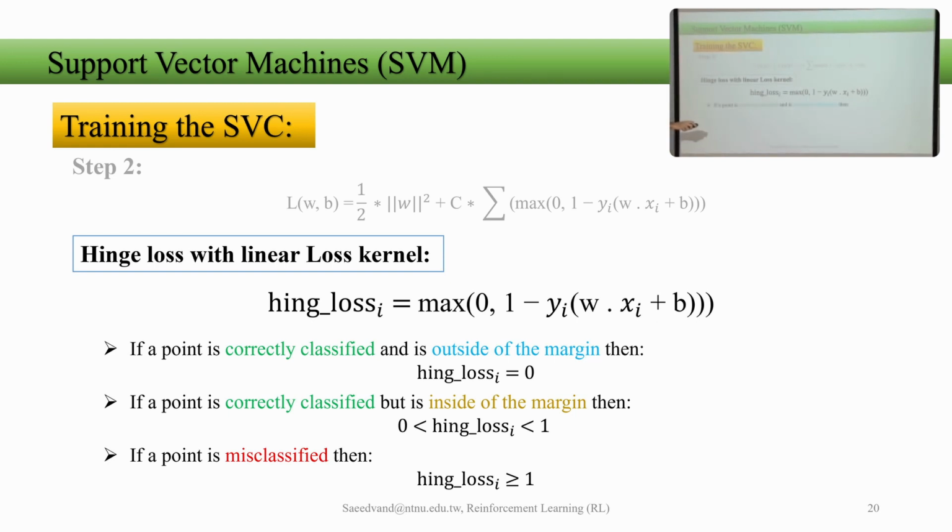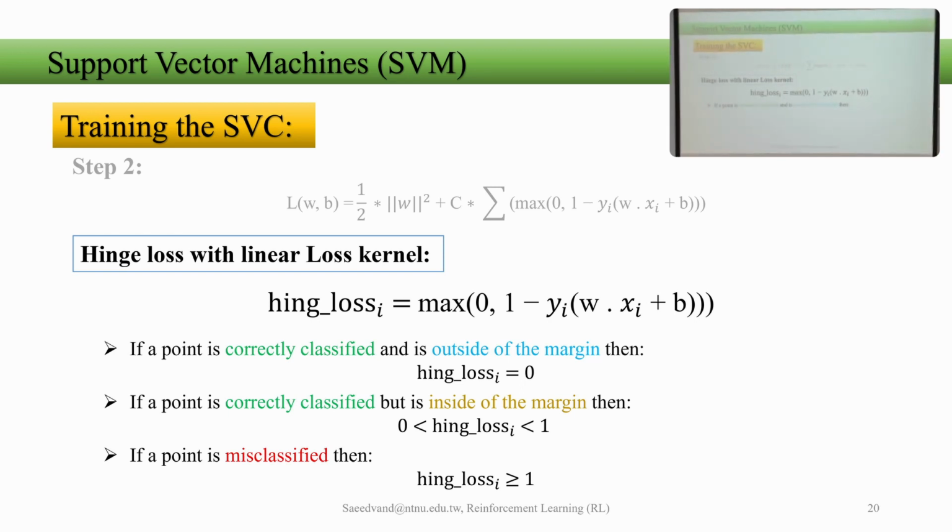We say if a point is correctly classified, and now I want to define what that means. To understand it better, what does this term over here mean as the Hinge function, based on those margins over there? We say if a point is correctly classified and is outside of the margin, what does it mean?